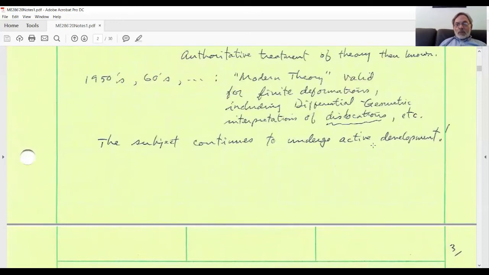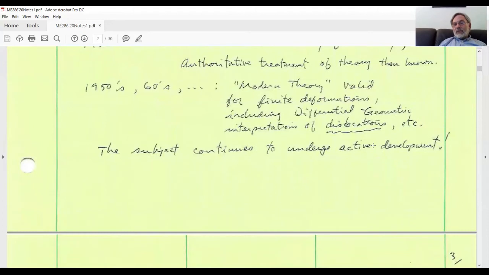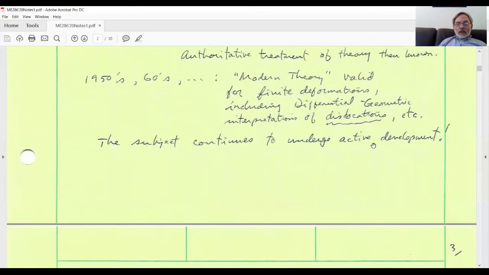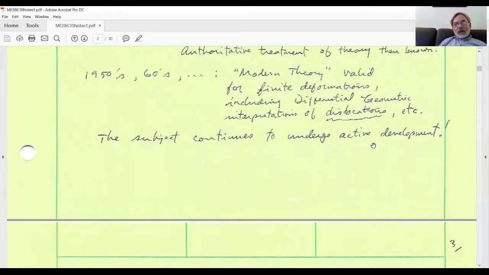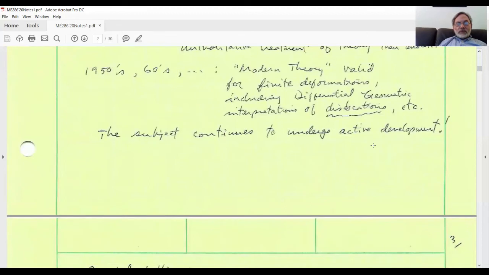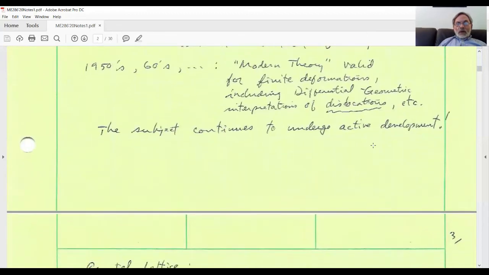There's an enormous activity in terms of numerical analysis. In this course, we'll discuss mainly theory, although we may get to some of my own very modest efforts with collaborators in the numerical analysis of plasticity later in the course. But the emphasis here is on developing theory and solving problems.